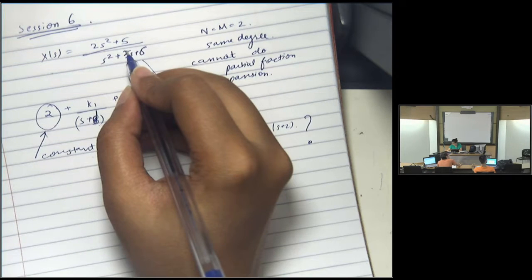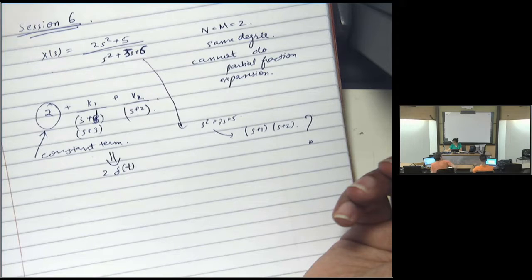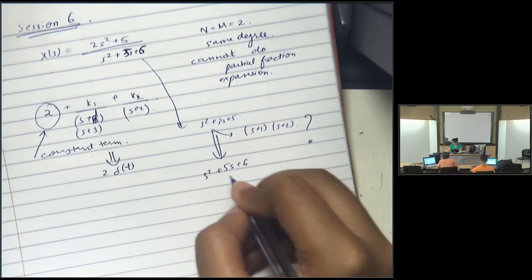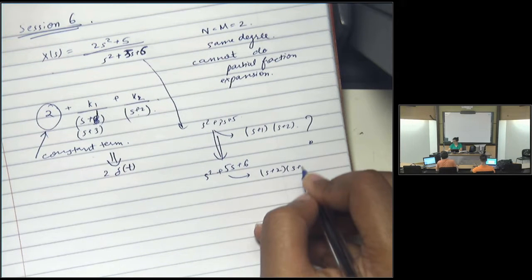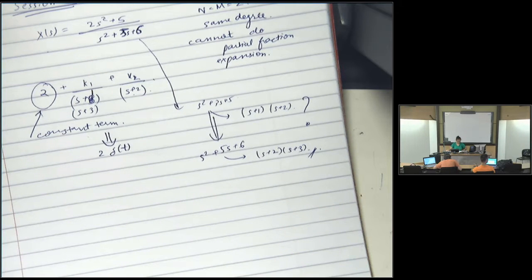Yeah. Now we go. 5 and 6, and then it'll be 2 and 3. Okay. So this becomes s square plus 5s plus 6, which translates to s plus 2 and s plus 3. Okay. Great. We just created a problem.